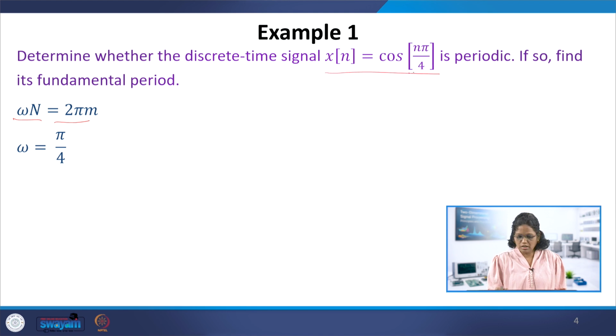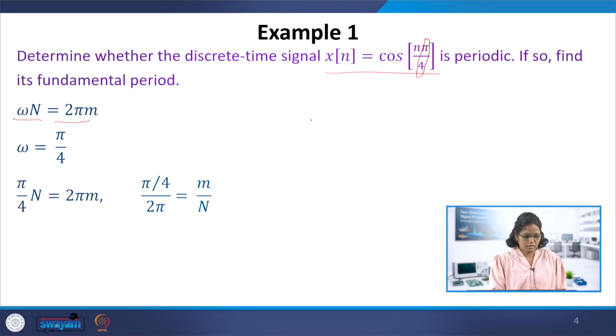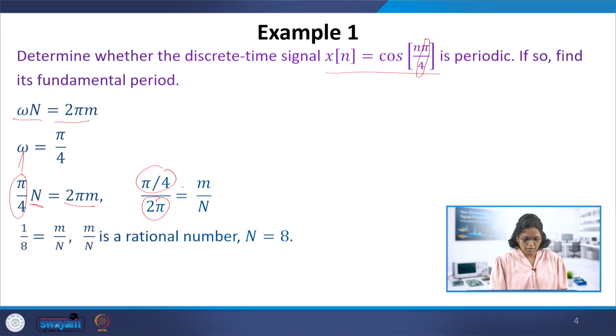For this signal, omega is pi by 4. Substituting it in this equation, omega by 2 pi is equal to m by n, the ratio, where the pi and pi get cancelled and it is going to be 1 by 8.